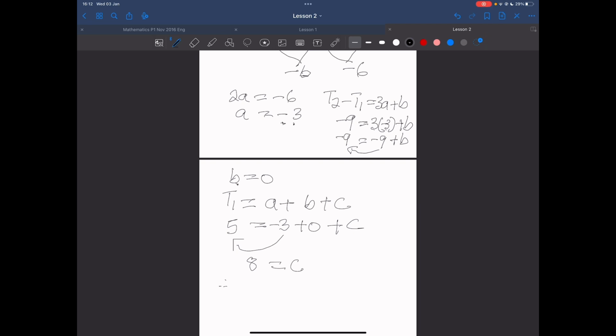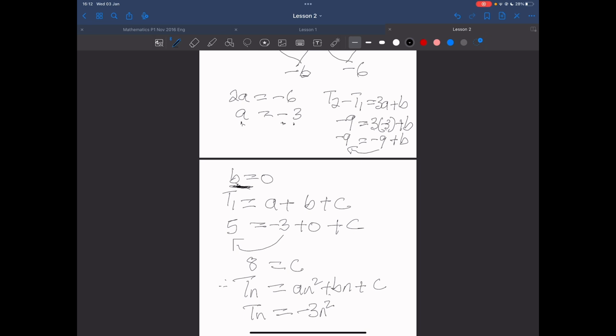Therefore, our general term, the nth term, we said it's an squared plus bn plus c. So substituting the values we have calculated above, A is negative 3, so negative 3n squared, B is 0, so we put a 0 here.